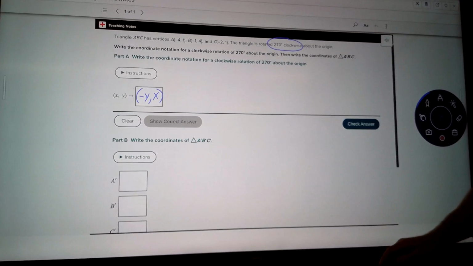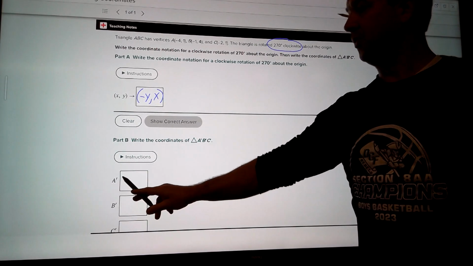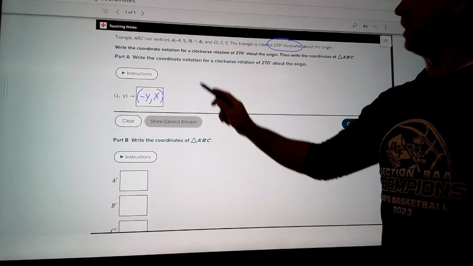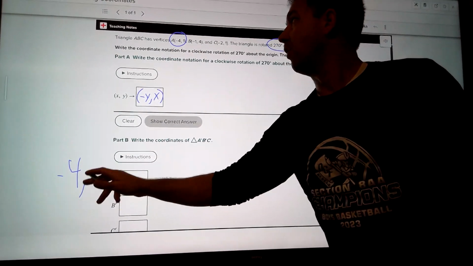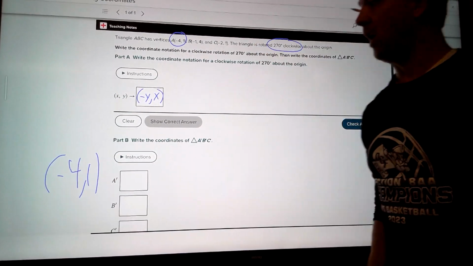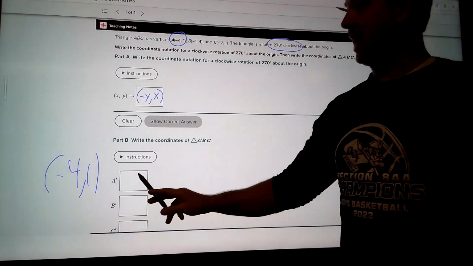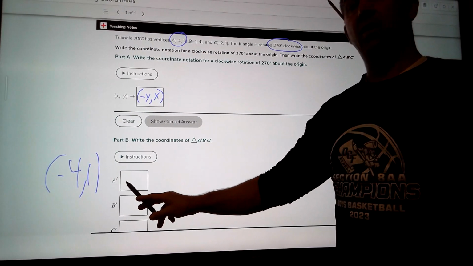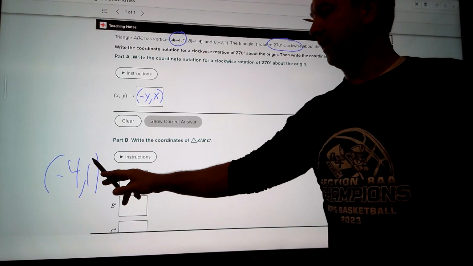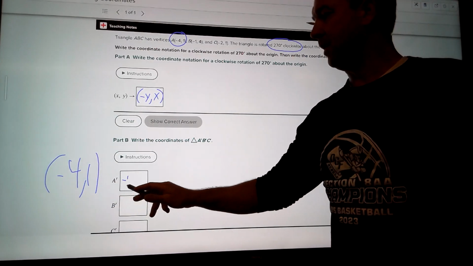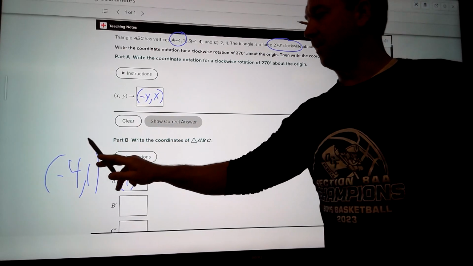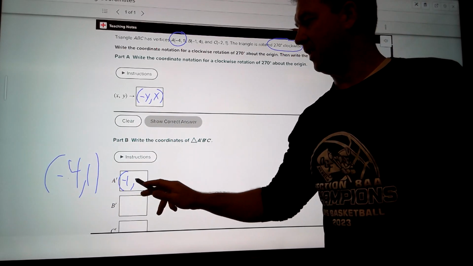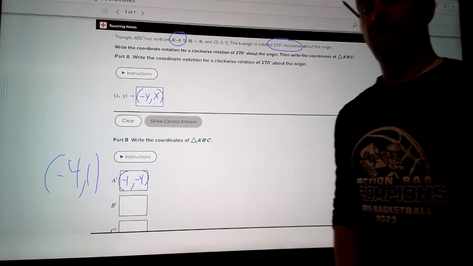So if I go down here to write the new A, or A prime, if I was at A, negative 4, 1, my new x will be the opposite of what y was. What's the opposite of 1? Negative 1. And then my new y becomes what x was, a negative 4.